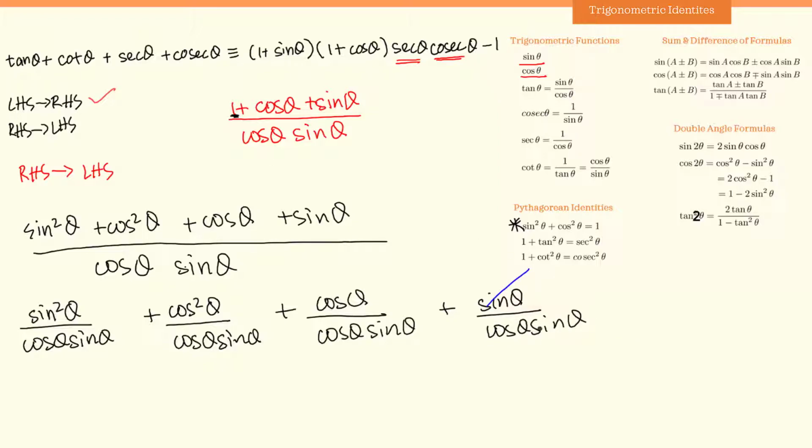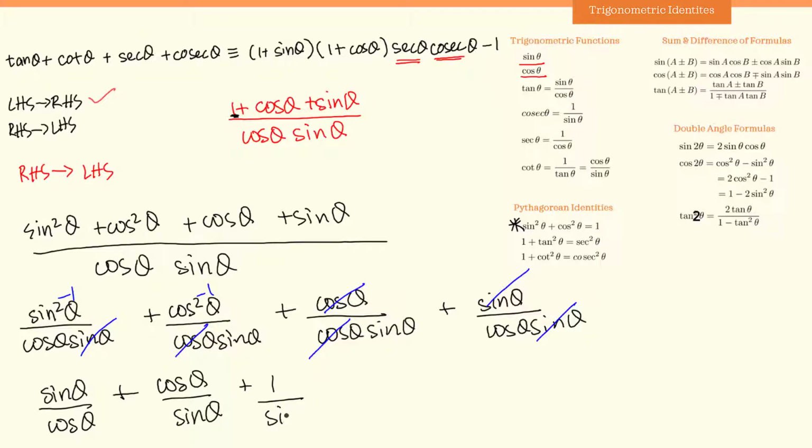This sine theta cancels out with this sine theta, this cosine theta cancels out with this cosine theta, this cosine theta would cancel one cosine theta from the numerator, and this sine theta would cancel one sine theta from the numerator. So I am left with sine theta upon cosine theta. Here I am left with cosine theta upon sine theta. Here I am left with 1 upon sine theta, and here I have 1 upon cosine theta.